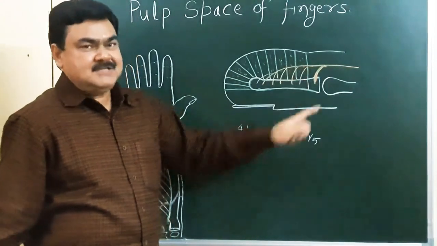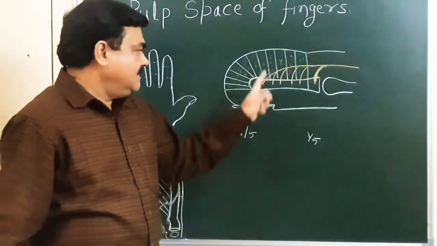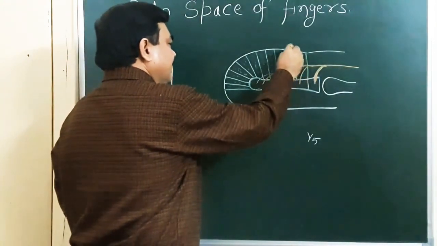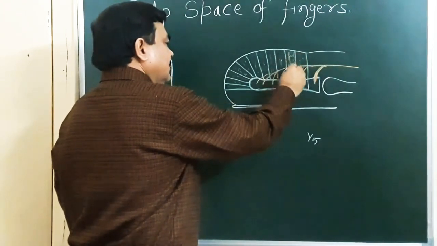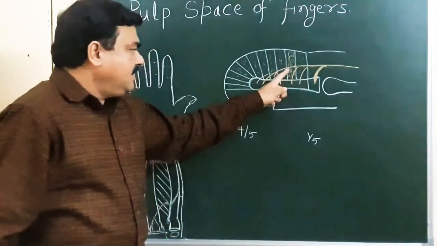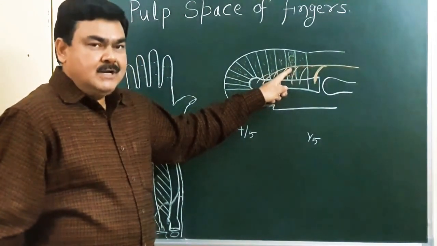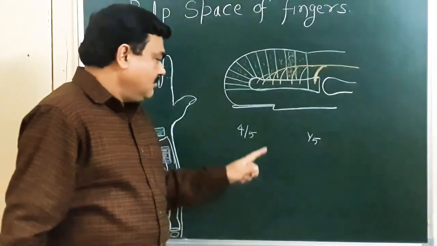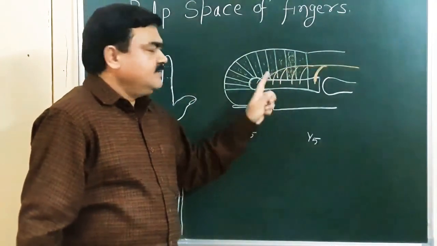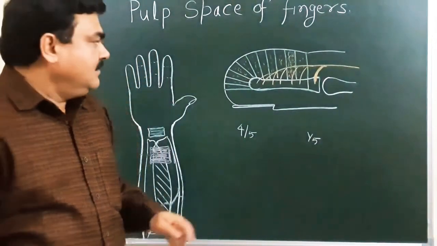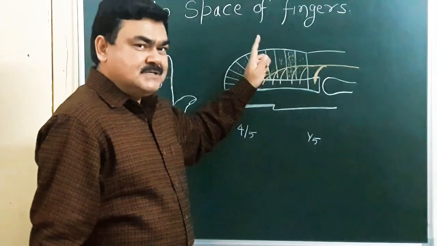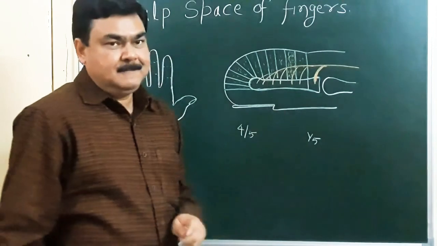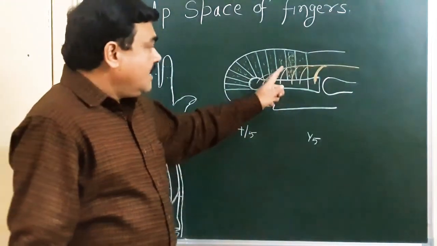So in case of infection, suppose any compartment becomes infected, the artery here becomes occluded, and the arterial supply of the distal 4/5 part of this bone is affected. If neglected, if pus is not drained, this portion becomes necrosed.